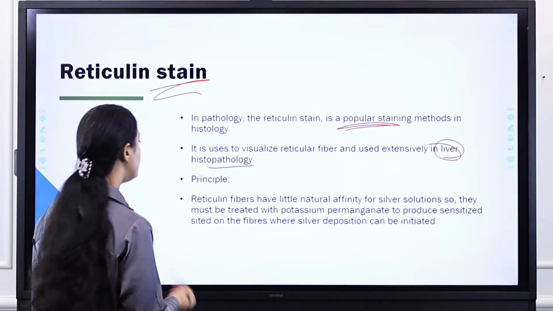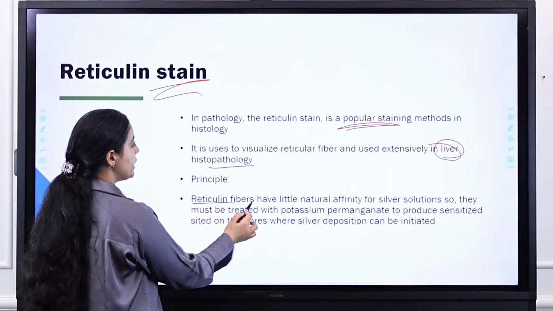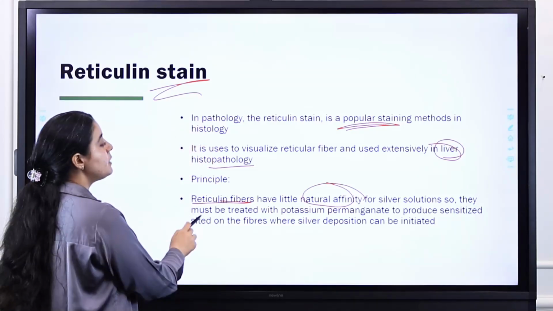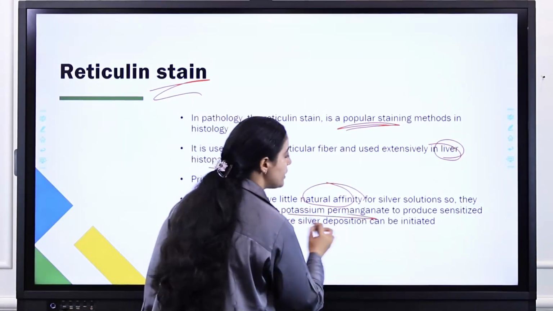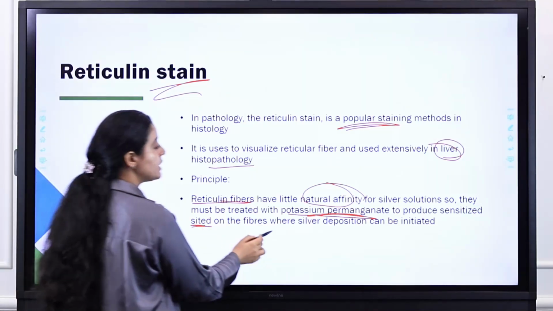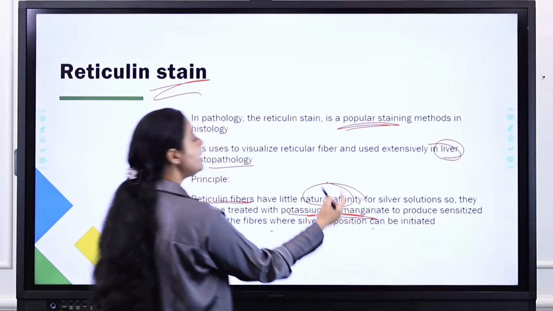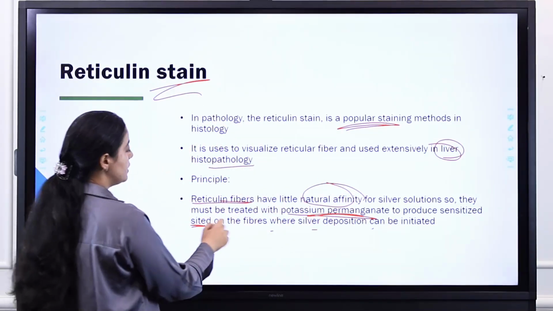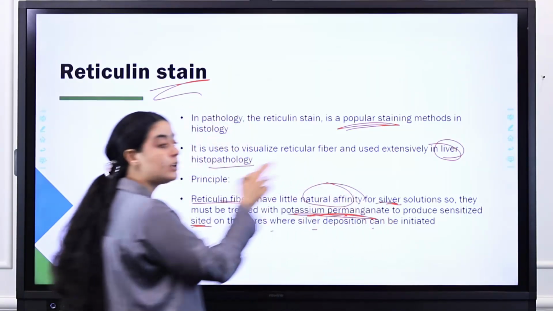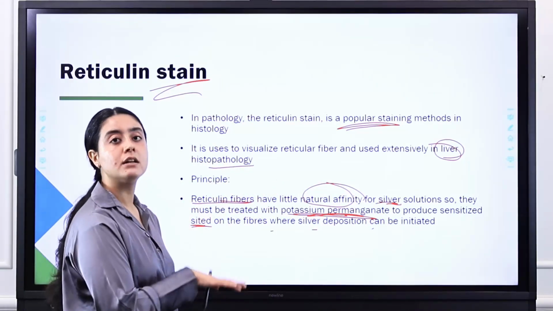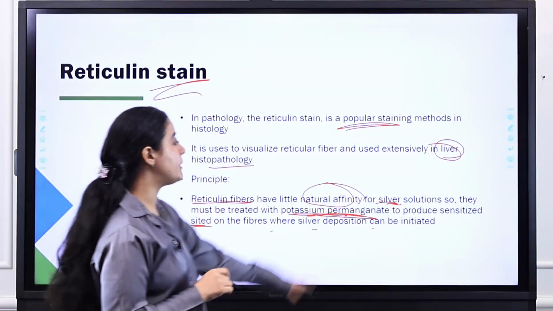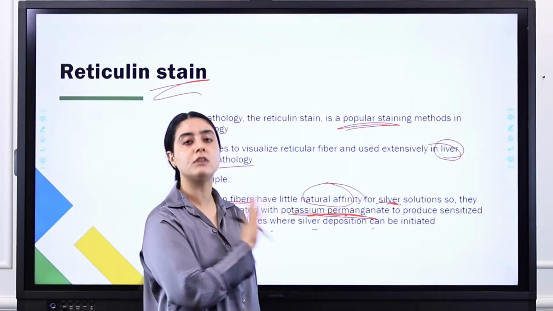Okay, what is the principle? Reticulin fibers have a natural affinity for silver solutions, so they must be treated with potassium permanganate to produce sensitized sites on the fiber where silver deposition can be initiated. Potassium permanganate and silver solutions are all in the reagents of this staining.